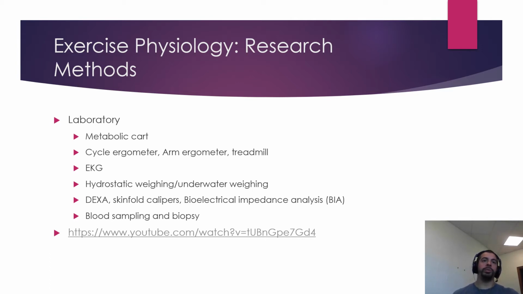How much does somebody bench press? That's a number, right? How much do they improve on their 40-meter dash? That is a number. How much body weight did they lose, right? And we tend to analyze these things statistically. And that is pretty much what all of these tests are, right? So you've got the metabolic cart, right? A metabolic cart is what measures gas exchange as you are breathing into a mask.